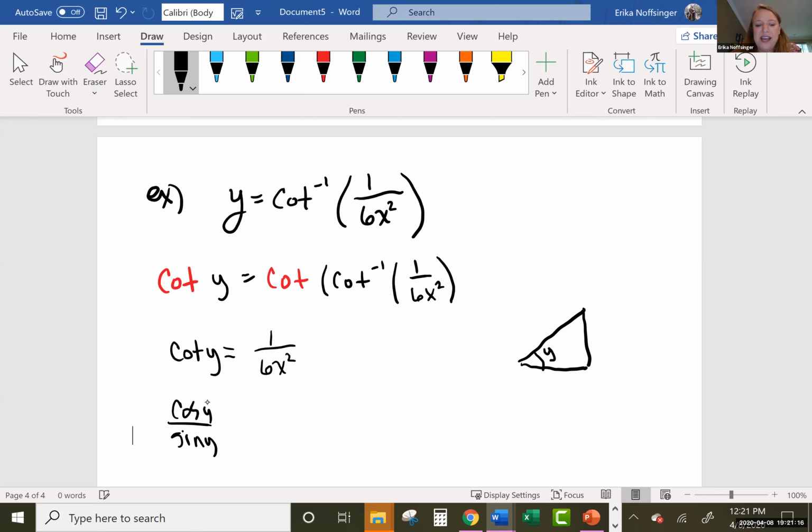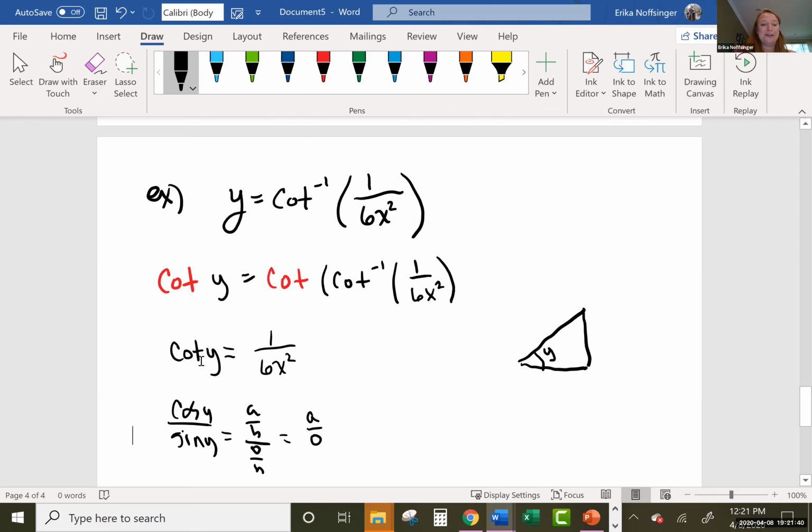I know that cosine is adjacent over hypotenuse, sine is opposite over hypotenuse. If I invert multiply, I would get that this was adjacent over opposite. I should have just did the reciprocal of tangent. That would have been faster. But anyways, sometimes you don't think of the easiest way when you're going through problems.